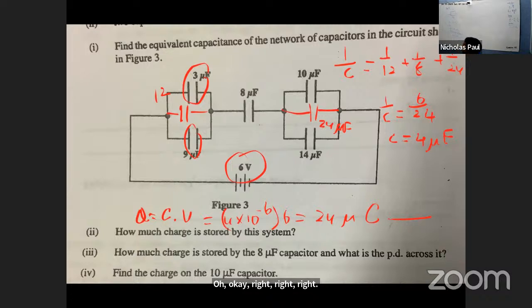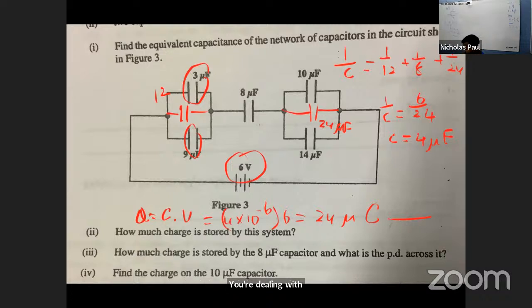Right, next part. So Sean, they want to get it charged across. Yeah, but you have micro... microfarad. No, wait.